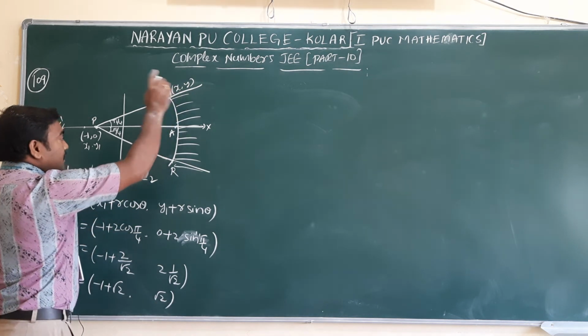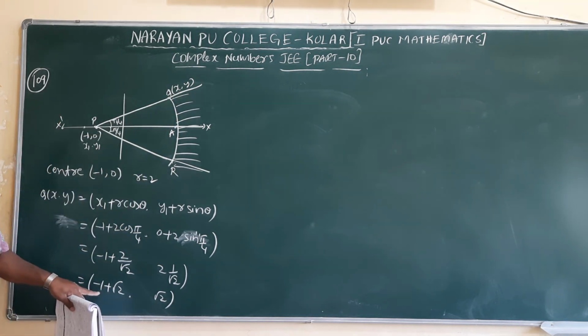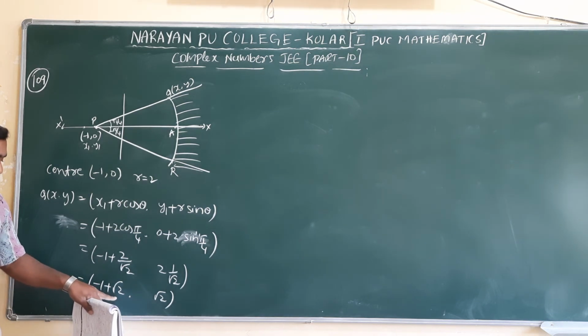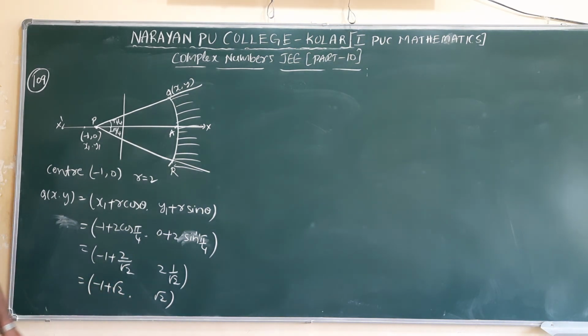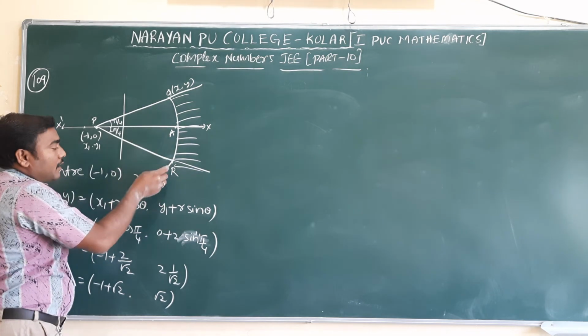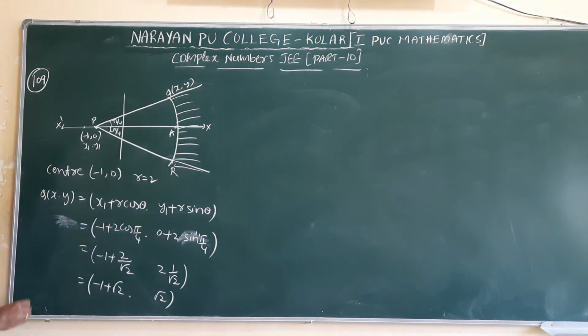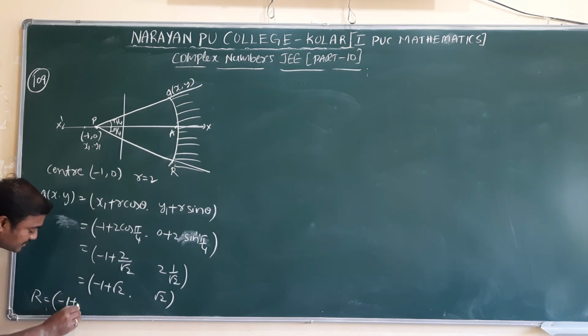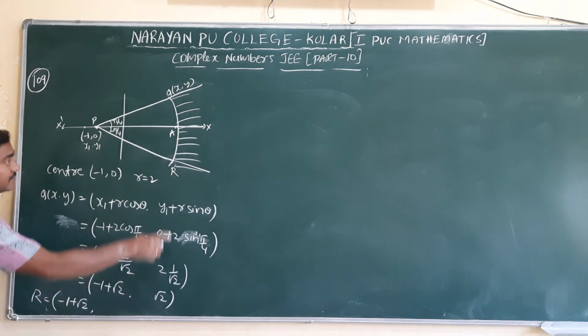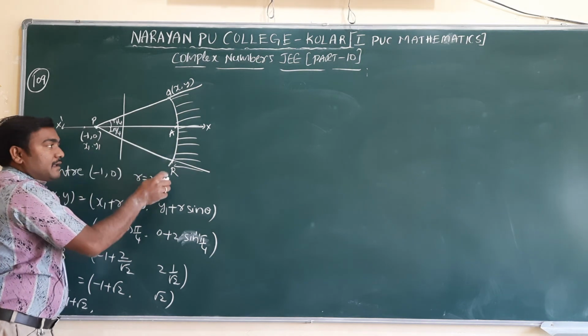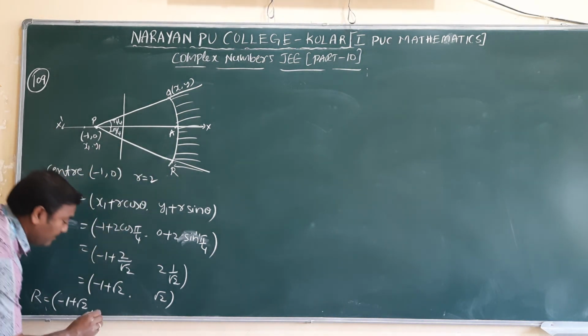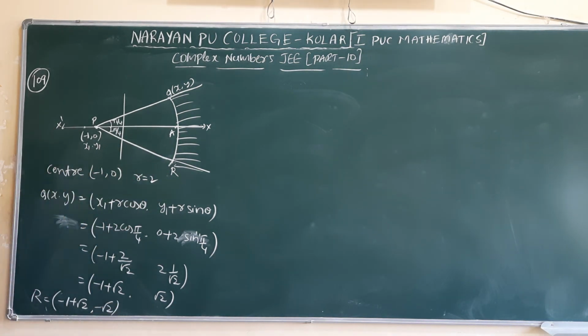The point Q we are getting is minus 1 plus root 2 and root 2. So obviously the point R: the real part does not change, but here the imaginary part should change. Here minus y, we are getting minus root 2.